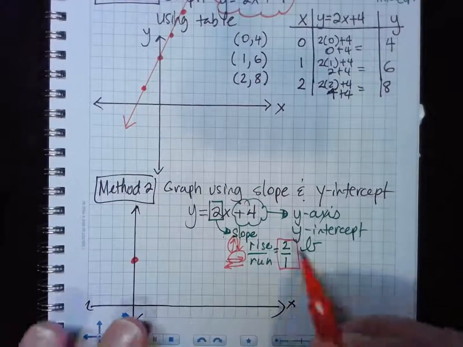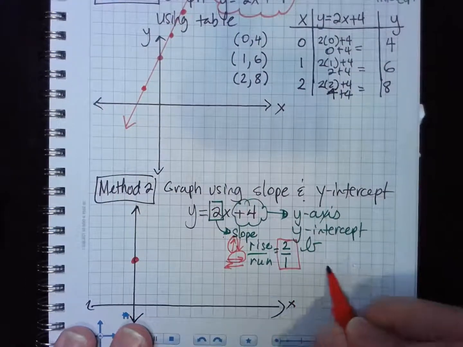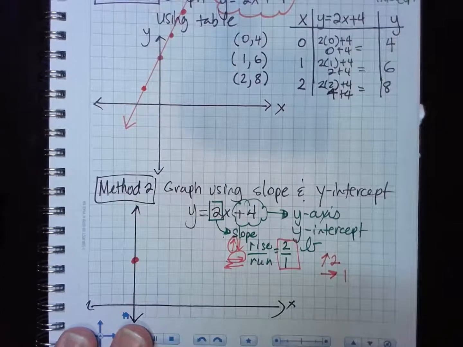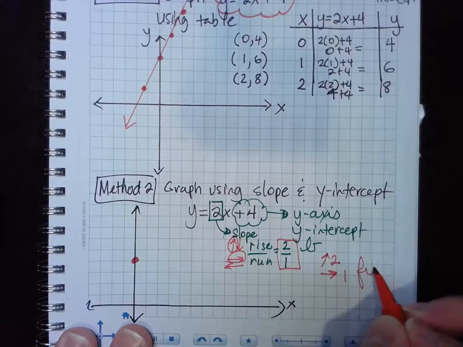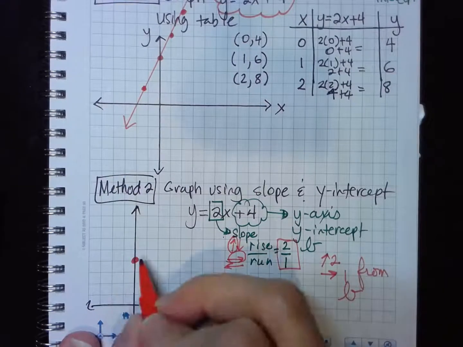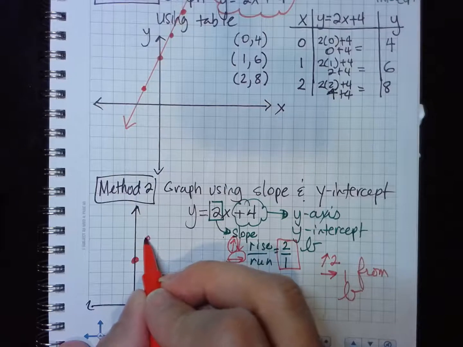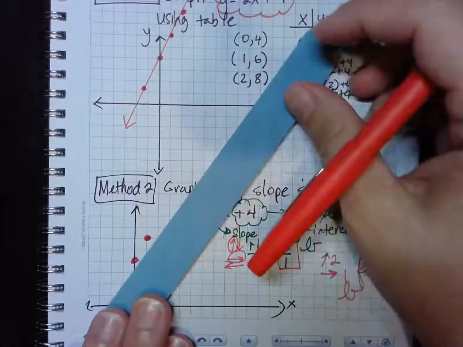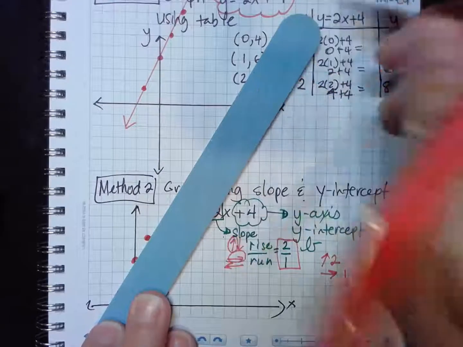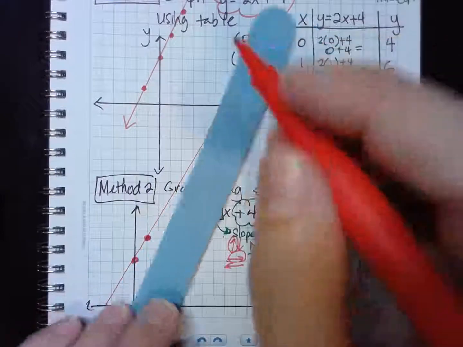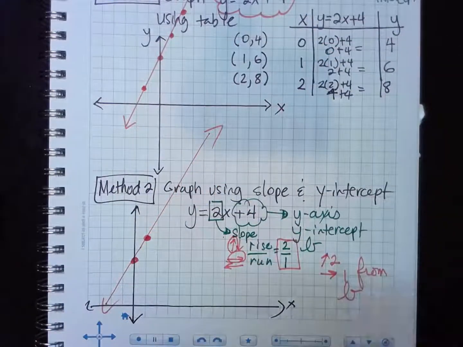So this tells me that I should go up 2 and then right 1 from my b, my beginning point. So I should go up 2 and right 1, and now I find a second point on my line.